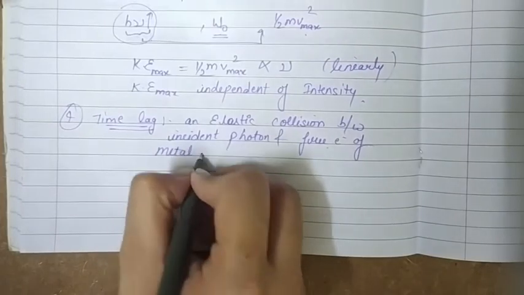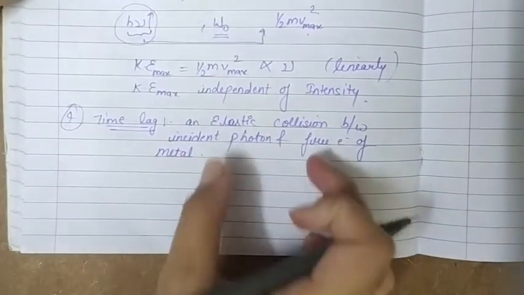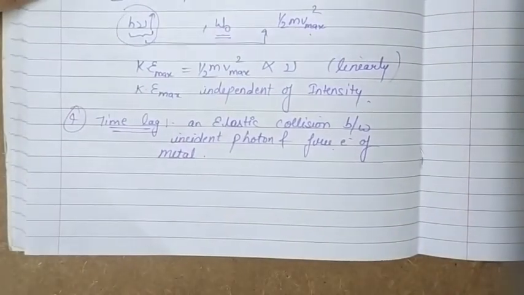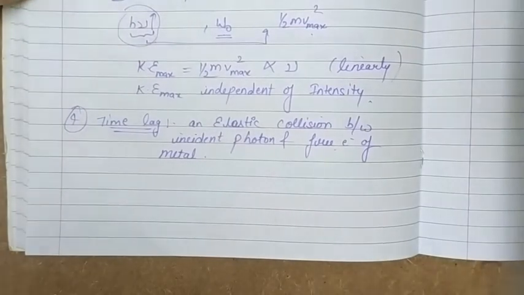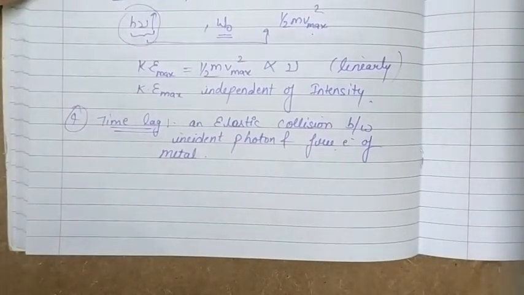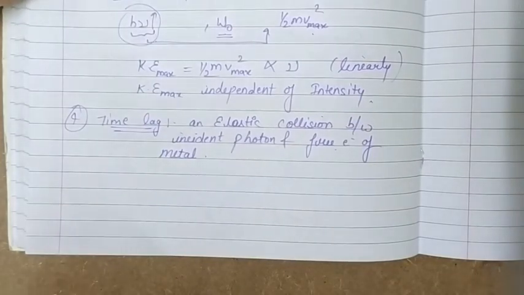Now the process of transfer of energy takes place during this collision, and this transfer of energy is a single-time event, right? It happens as a single event in which the energy is transferred in one lump, as one packet, instead of continuous absorption of energy.